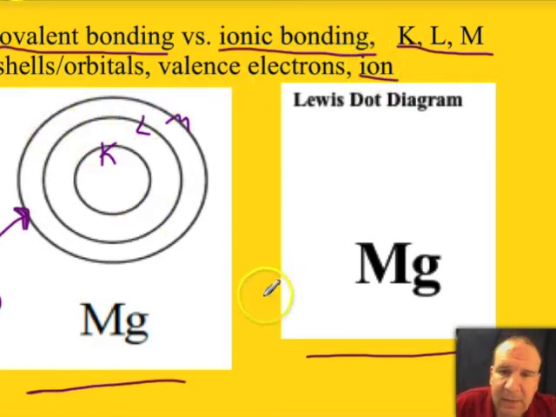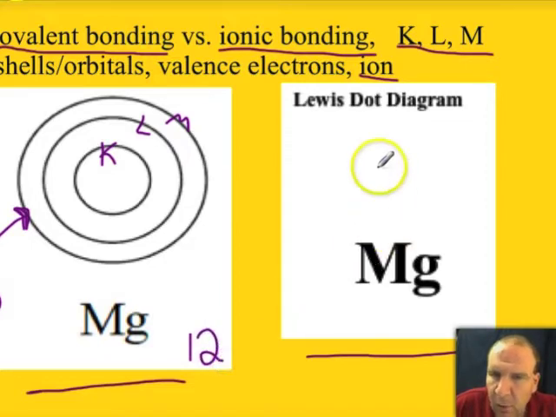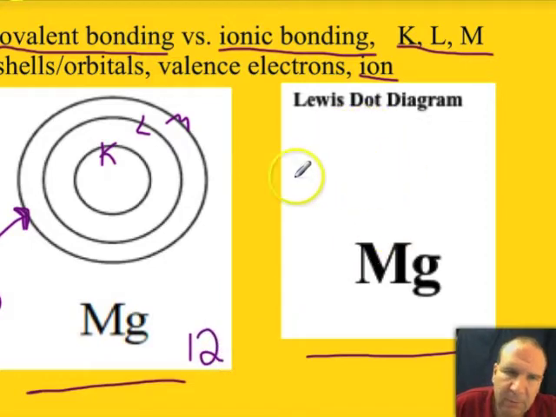So here's magnesium. Does anybody remember the atomic number for magnesium? I'm looking at it over here. If you said 12, you're right. So in order to do a Lewis dot diagram, you have to be able to put the electrons in the correct shell. So we know the K can hold up to 2, so I'm going to put them in here. The L, do you remember how many it can hold?